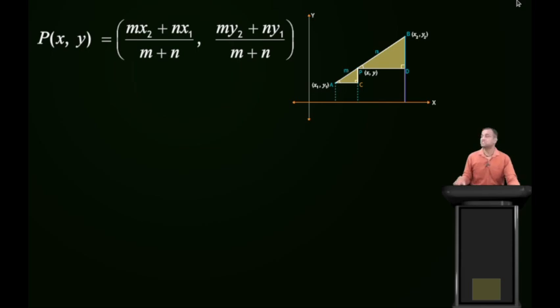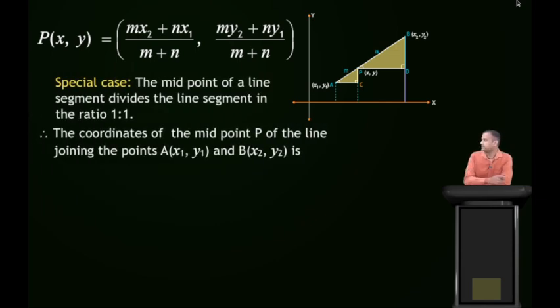Okay, so you know that this is the section formula, or we can say this is called the internal section formula. Special case: the midpoint of a line segment divides the line segment in the ratio 1:1. Now what is a midpoint? Let's take a line AB of 6 centimeters.